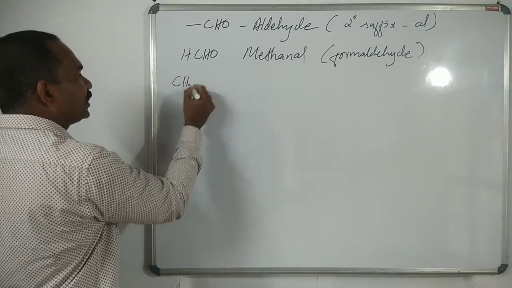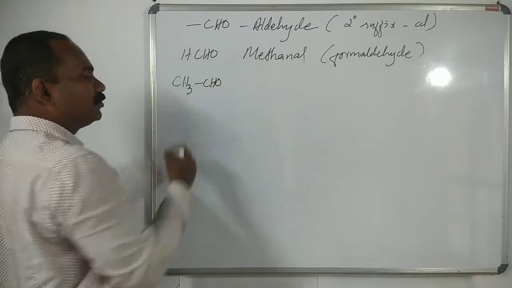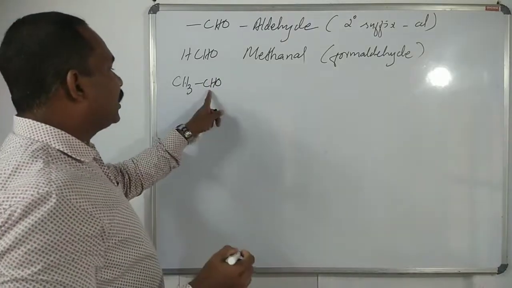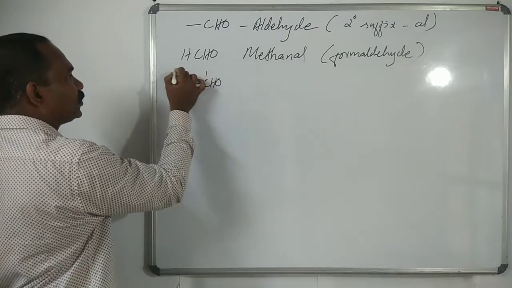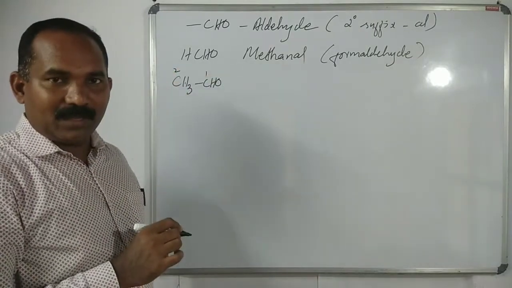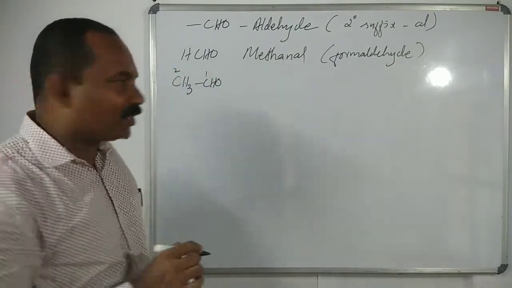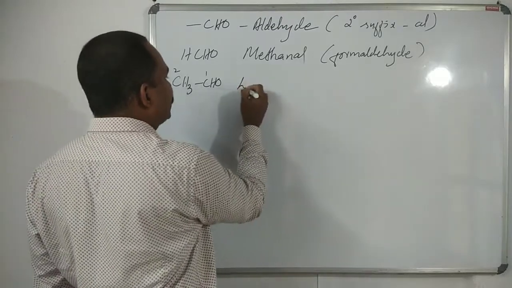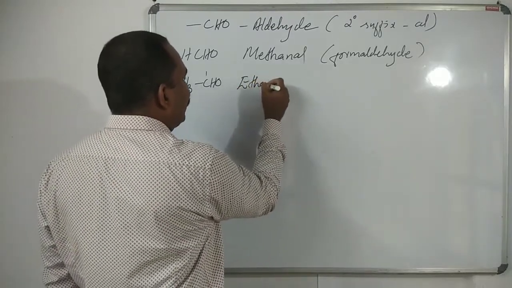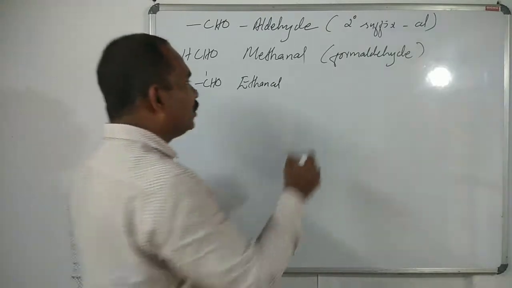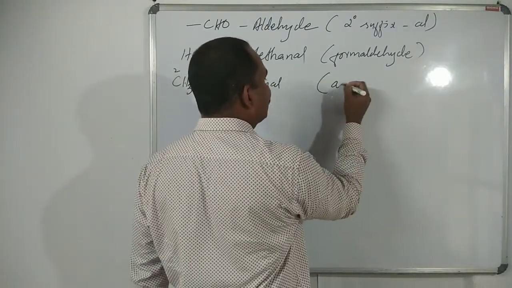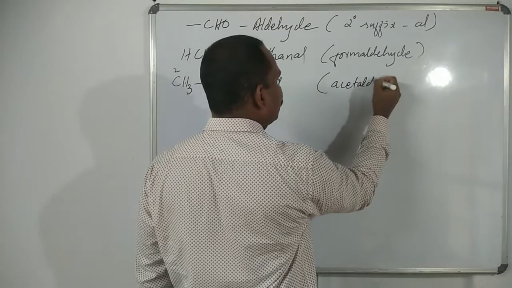Another is CH3CHO. Two carbon atoms and the functional group is aldehyde. The aldehyde carbon is also numbered in the chain. So two carbon atoms, that's why ethanal. The common name is acetaldehyde.